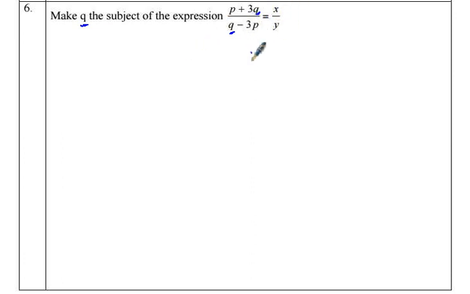We are going to cross multiply. So when I cross multiply this times this, I want to write y into p plus 3q, okay? I'm putting brackets because I have more than one term, is equal to, then I also write x into this lower term here, q minus 3p. There.